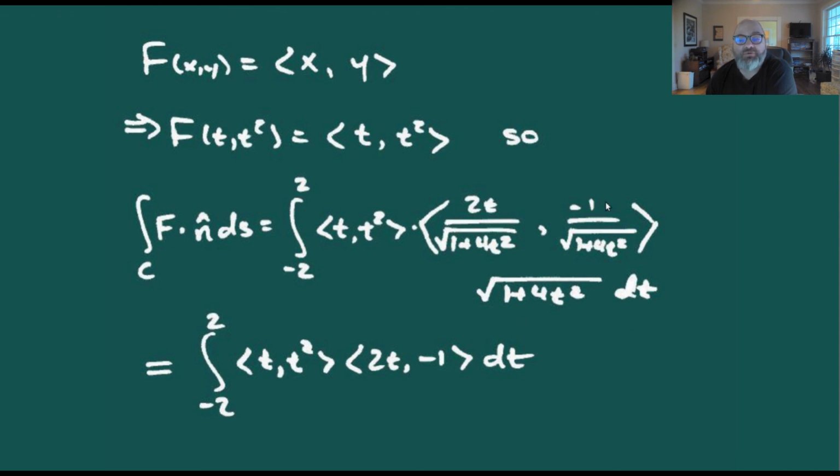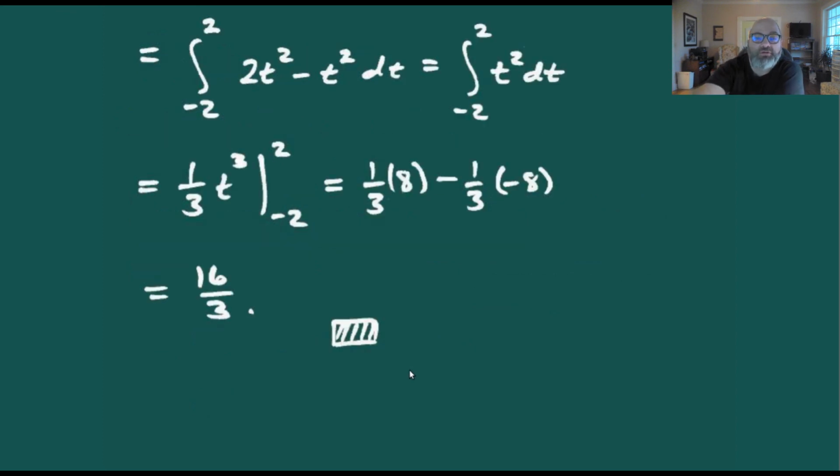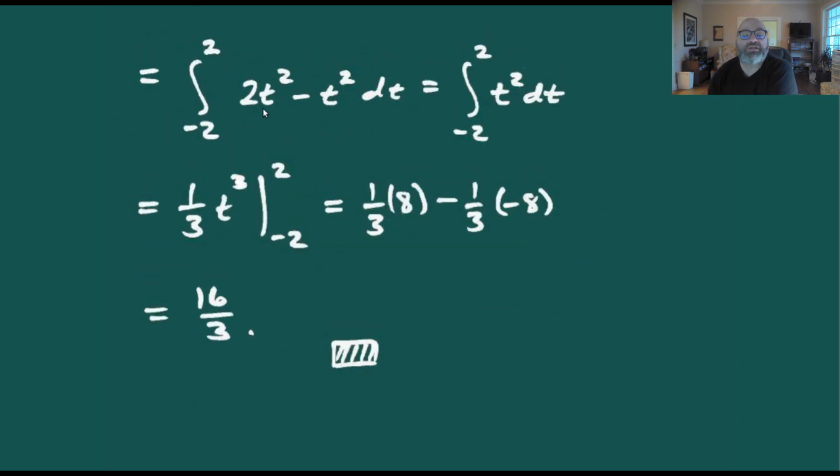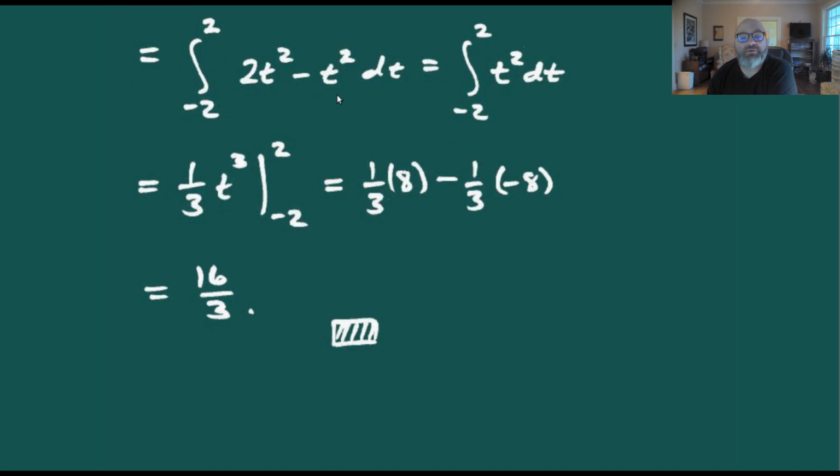That square root cancels the square roots in our unit normal. So we've got the dot product of those two vectors, which eventually gives us 2t squared minus t squared.